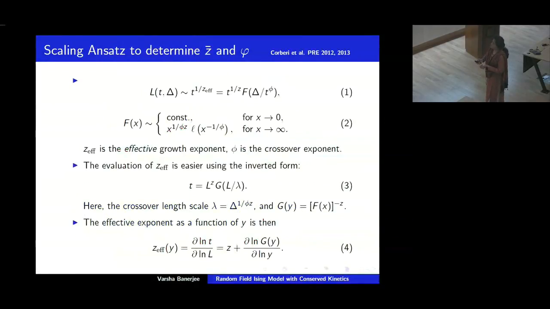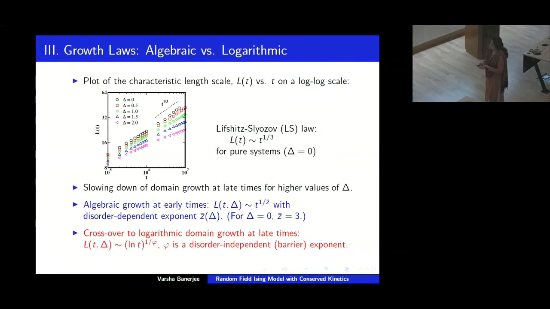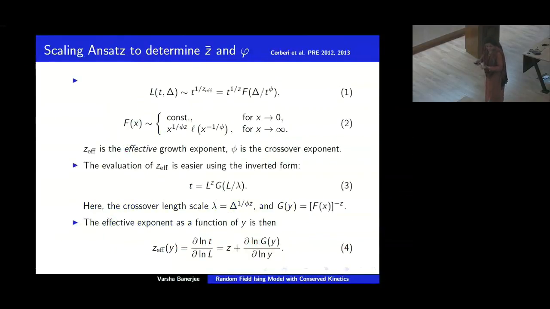So now the job at hand is to determine these different exponents, that's z̄ and phi. Okay? So for this I have, oops, it's only 2 minutes now. So for this I have a scaling ansatz. Okay? This is something which has been recently floating around in the literature, given by Corberi et al. So they give a scaling ansatz by which one can find this.